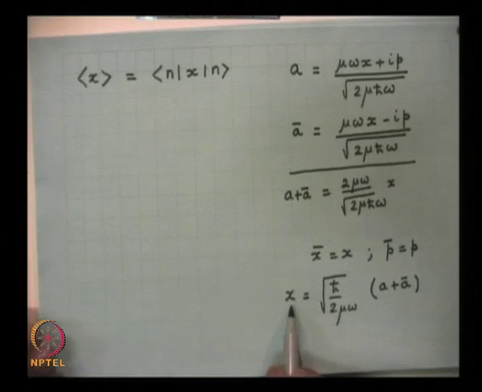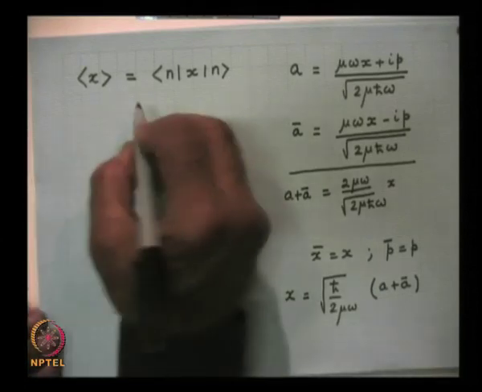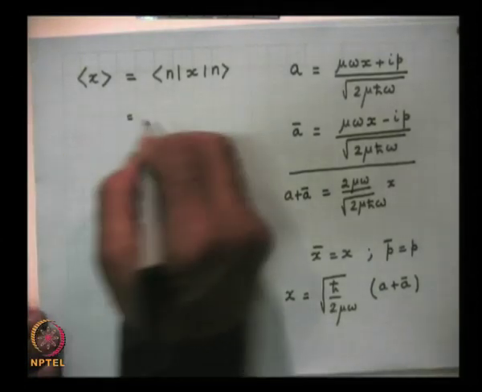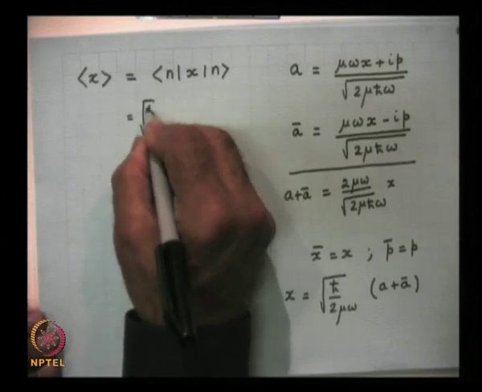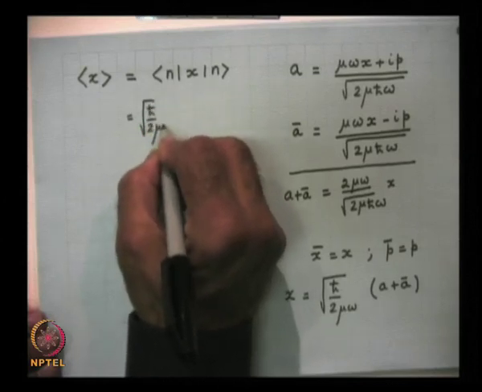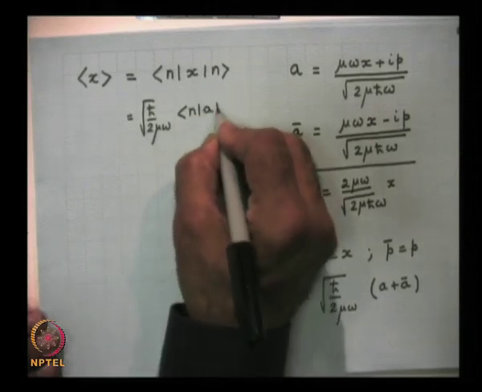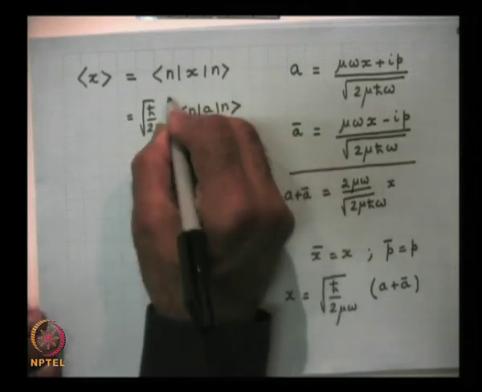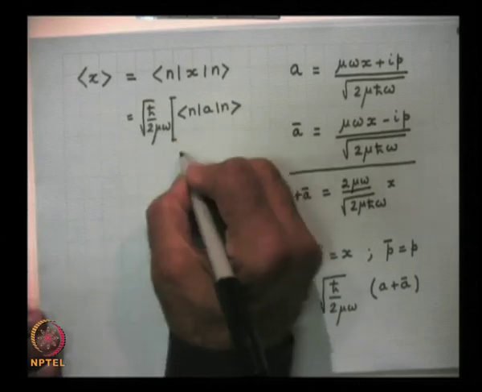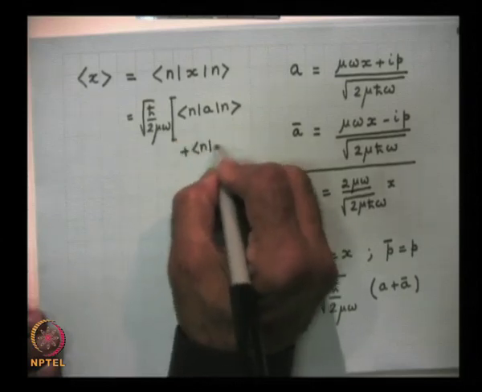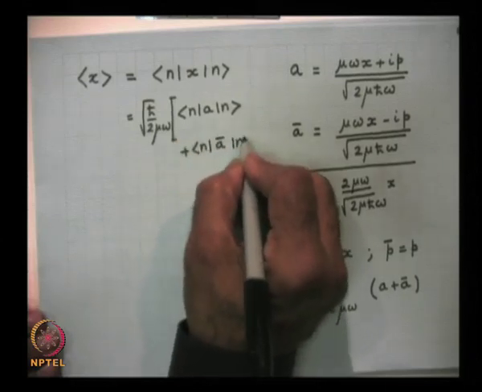This is the operator. So, we will have this equal to the square root of h cross by 2 mu omega, bra n, a plus a bar, ket n. So, bra n a ket n plus bra n a bar ket n.